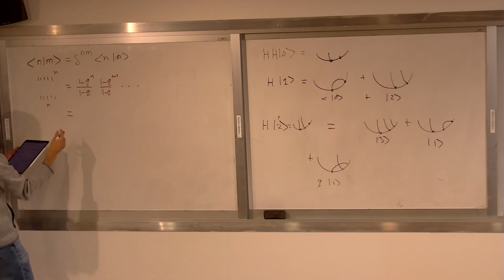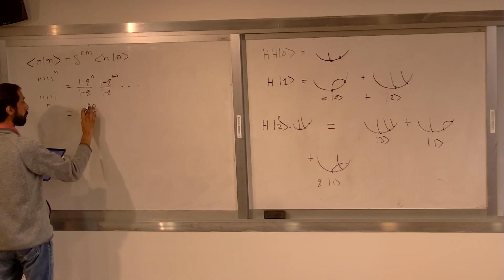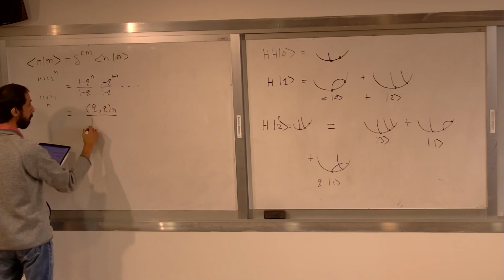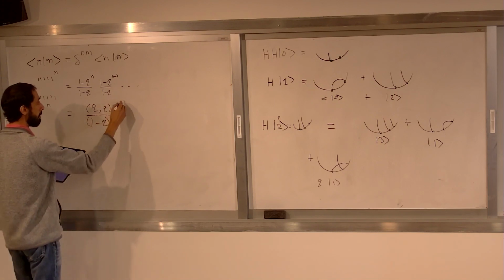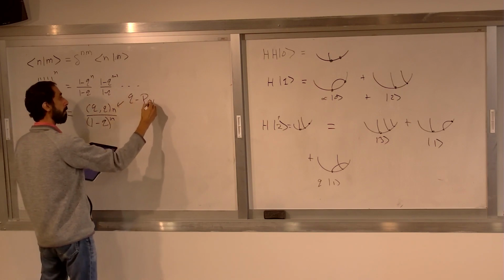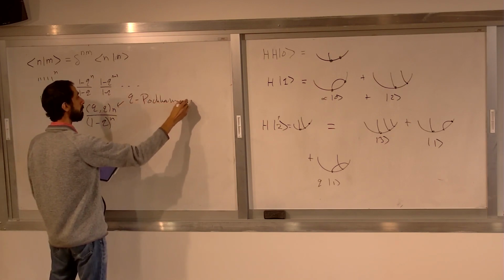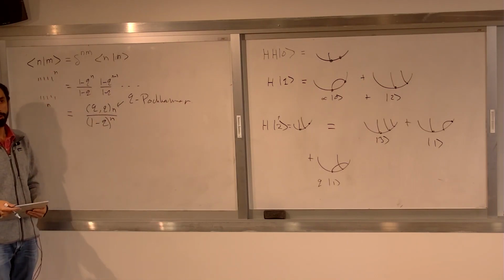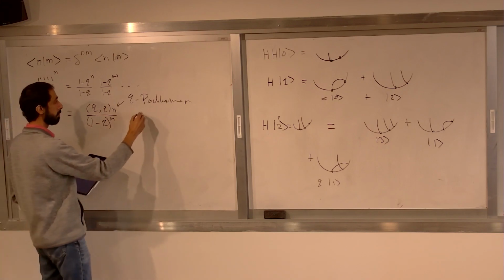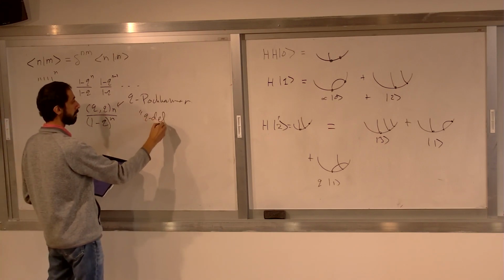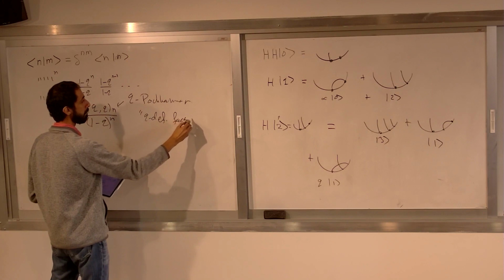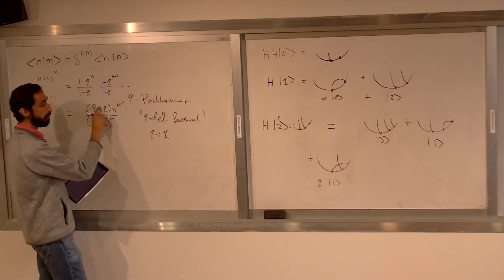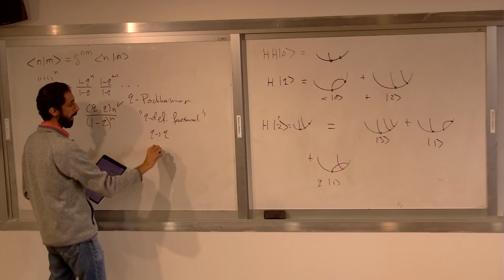So then the answer, eventually, is going to be the so-called q Pochhammer symbol over 1 minus q to the n. This is the q Pochhammer. Said differently, this is often called the q-deformed factorial. You can convince yourself that in the limit as q goes to 1, this top factor goes to n factorial.